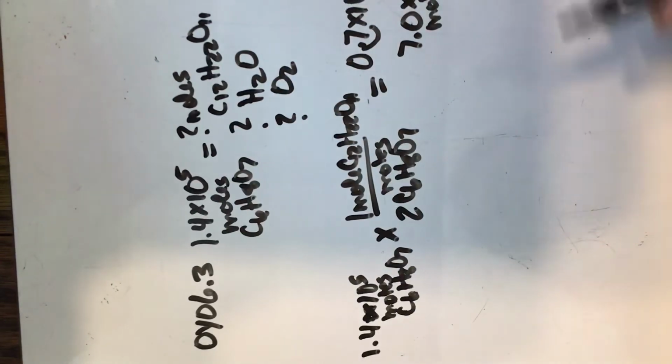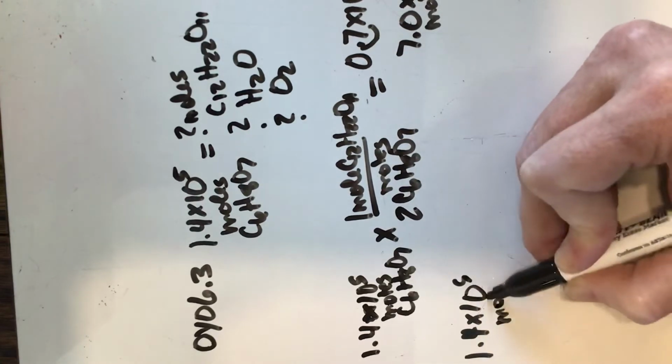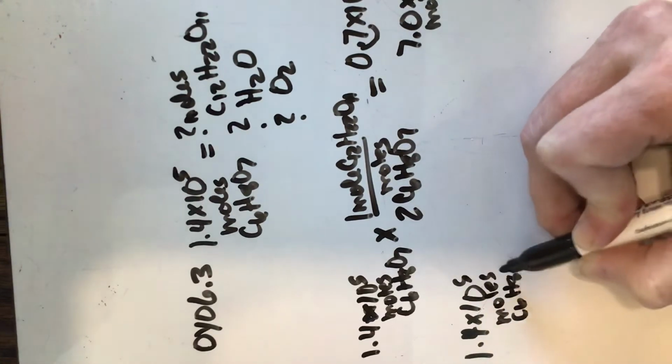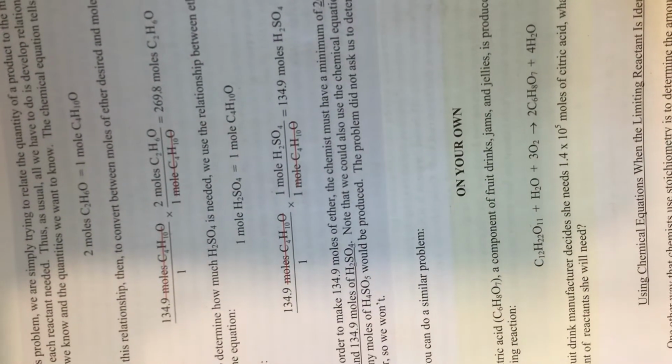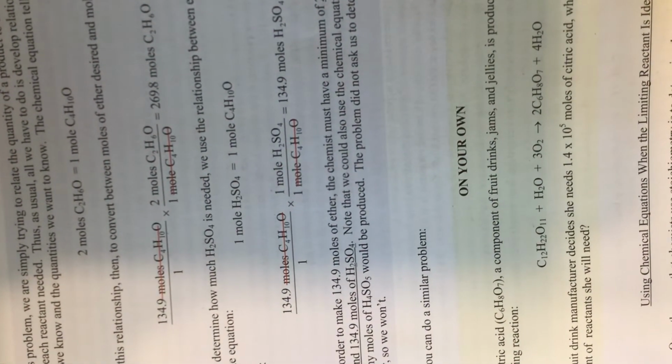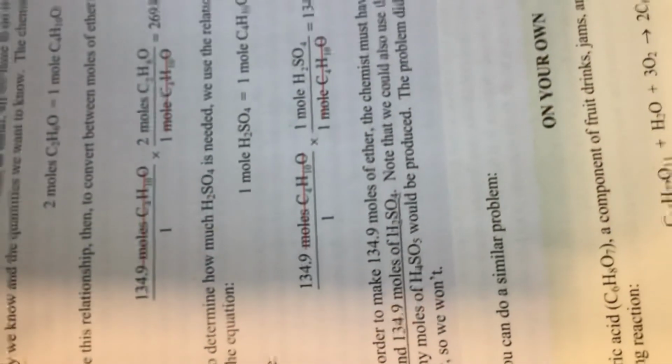Then the next part, we start with the same thing, 1.4 times 10 to the 5th moles of the C6H8O7. This time we're looking for the ratio for water. Oh, sorry, I'm looking at how much I'm needing. Forgive me, I'm looking at the wrong number. How much I needed to start with. Sorry about that.